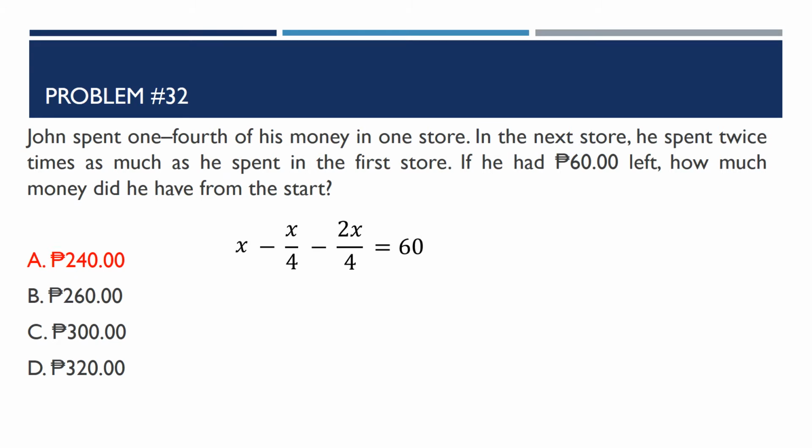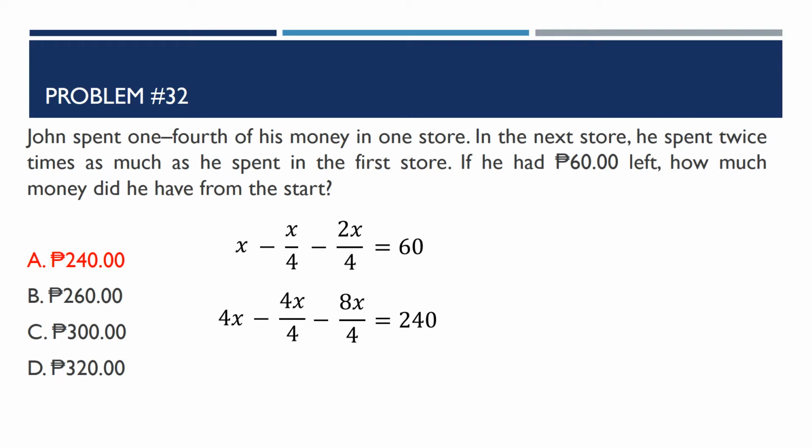Then to avoid fractions, we multiply all the terms by 4, so that the 4 will be cancelled. So x becomes 4x, 2x becomes 8x, and 60 becomes 240 because all the terms are multiplied by 4.